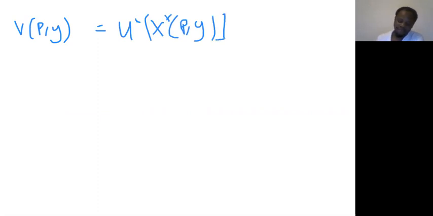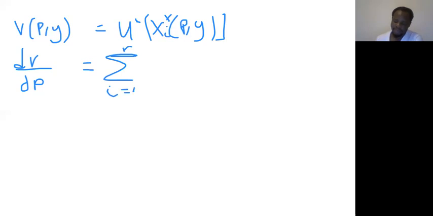So if I differentiate v with respect to p, it is going to be the summation of i equals 1 up to n, du/dxi multiplied by dxi/dpi.